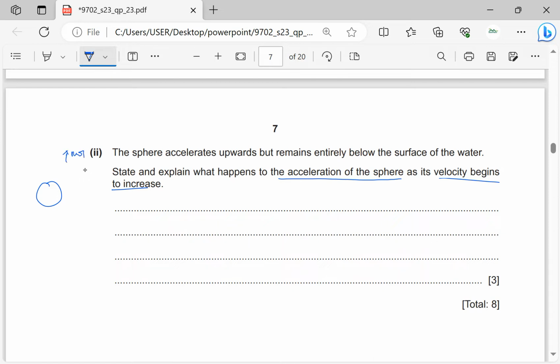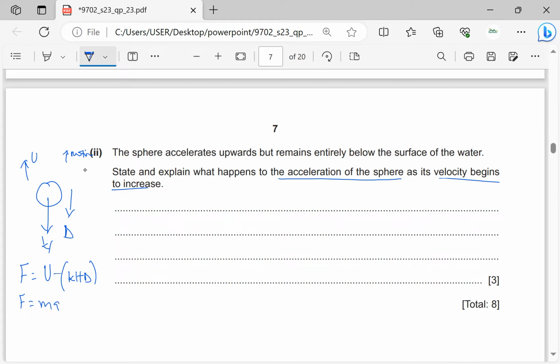Of course, we also have upthrust, which is upwards. We have the weight, which is downwards. If it accelerates upwards, it means the drag force is also downwards. The drag force is the frictional force. So what happens then? The resultant force is going to be equal to, because it goes upwards, the upthrust minus the weight plus the drag force. And remember, the resultant force is equal to the mass times acceleration.